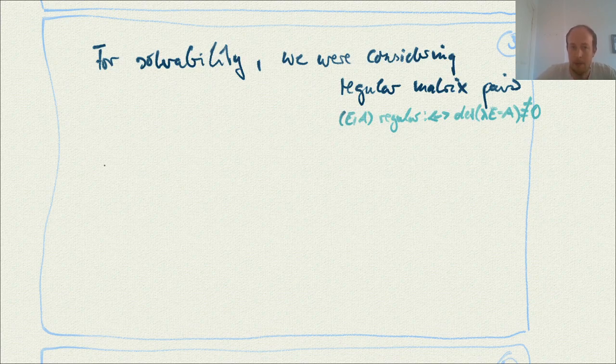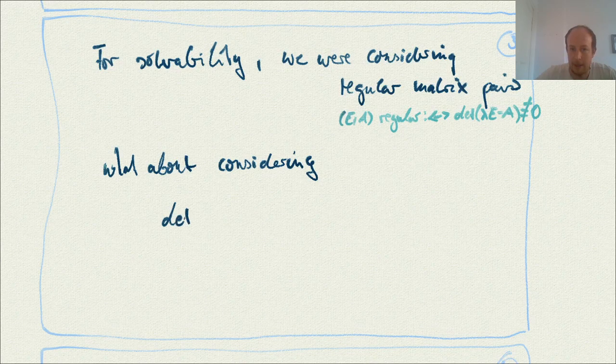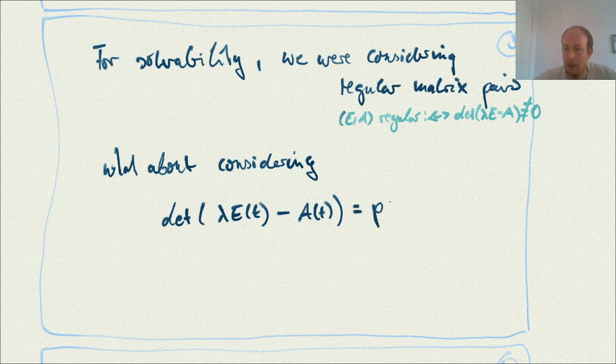So what about considering the determinant of lambda E(t) minus A(t)? Taking the determinant of that, this is now a polynomial, of course, in lambda, but it also depends on t.